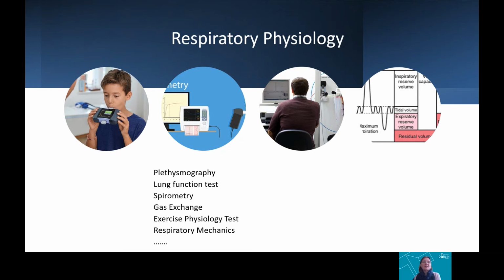We can look at the lung function as a function of exercise testing, looking at the mechanics of respiration, looking at sleep studies where people have issues relating to sleep. So all of those are part of the discipline of respiratory physiology.